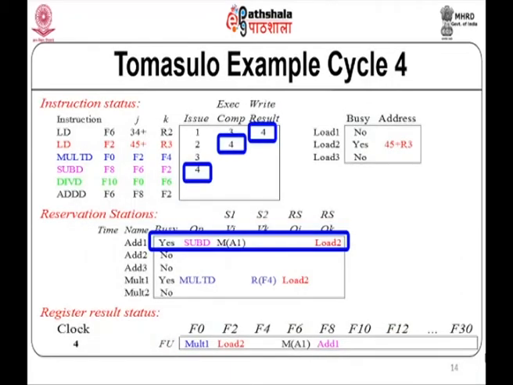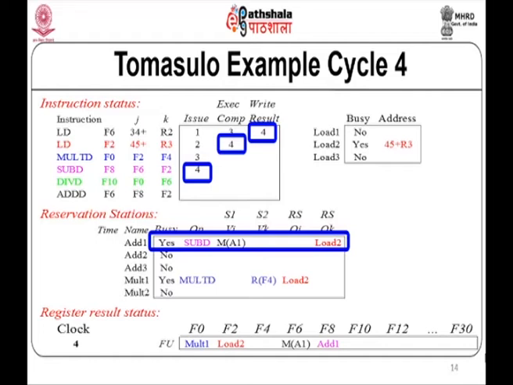During clock cycle 4, because load 1 had already executed in clock cycle 3, it will do a write back. Recollect that the write back will broadcast the data on the CDB. When it broadcasts the data on the CDB, the floating point register which is waiting for it will grab the data.